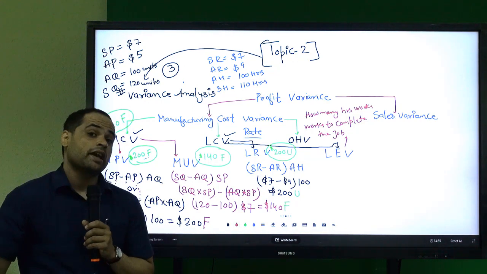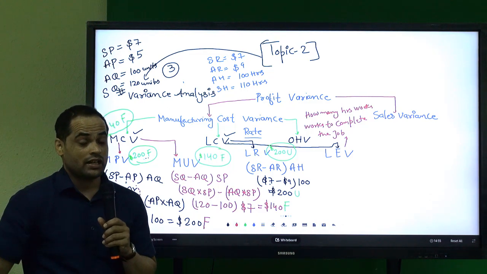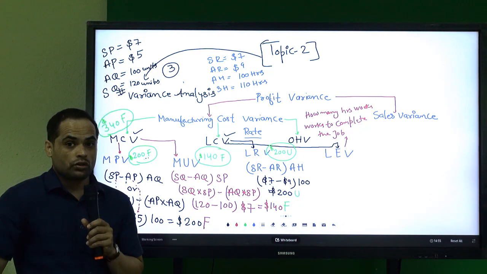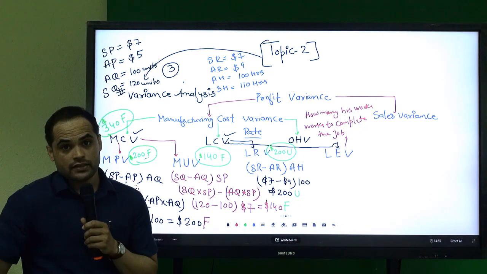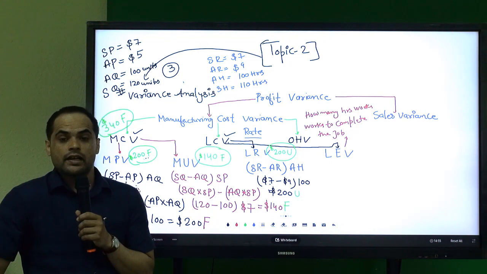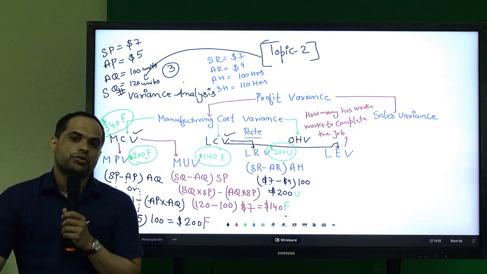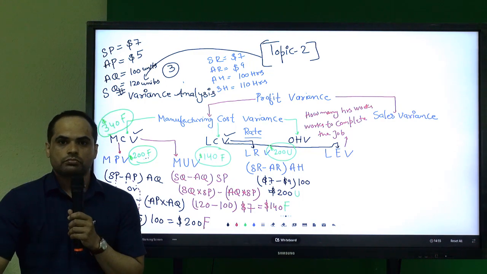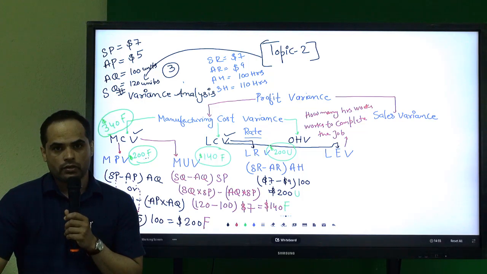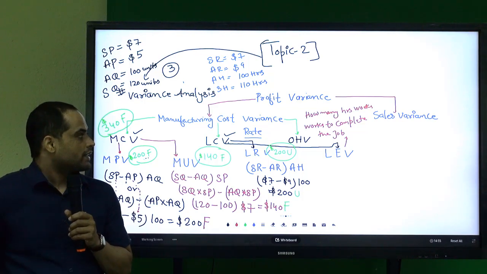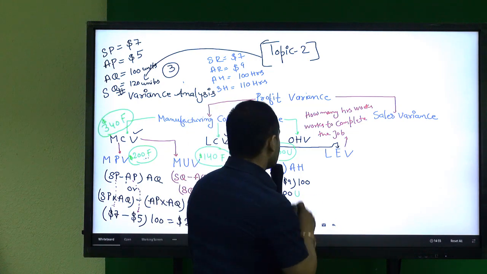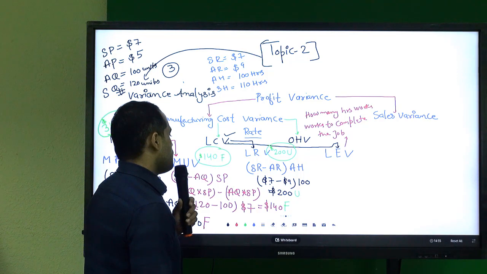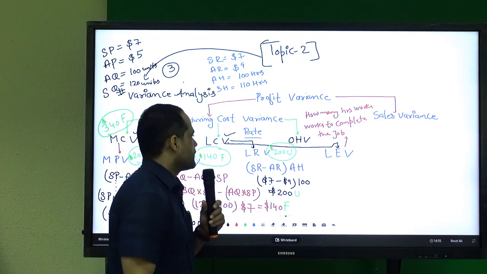If they are producing 800 or above, they achieve the targets or perform better than the targets, which is of course a favorable variance. If they are unable to produce 800 products, then the variance is unfavorable. So let's estimate labor efficiency variance.